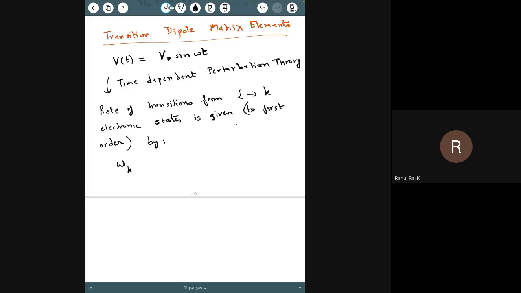This is the rate of transition, electronic transition from a state L to a state K.